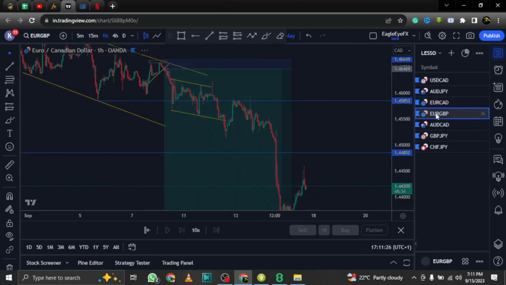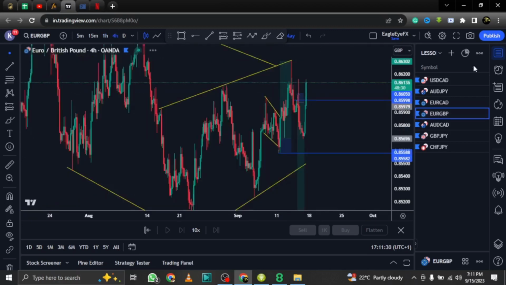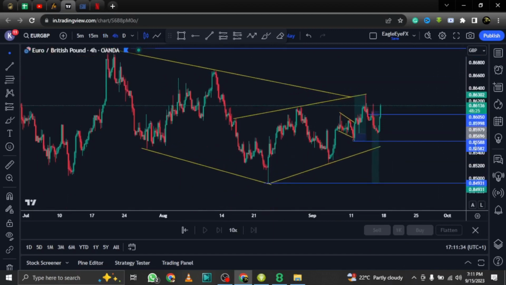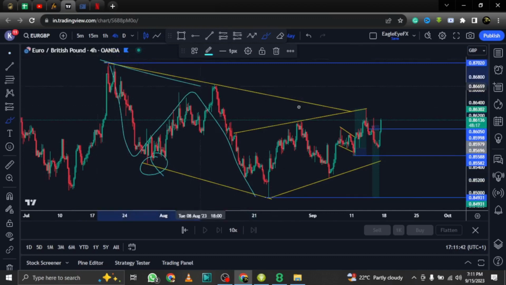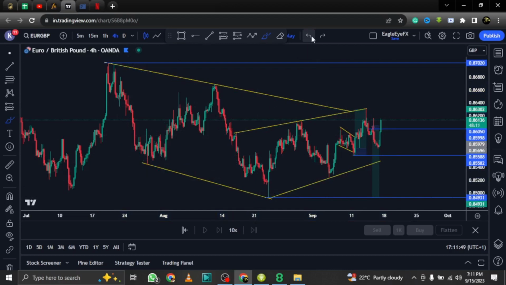Then there's another trade I took on the Euro GBP. This was also another beautiful trade, though it took me out on break even on 1%. You can see that on the 4-hour time frame, we were on this descending structure, and there is also another structure that was formed.